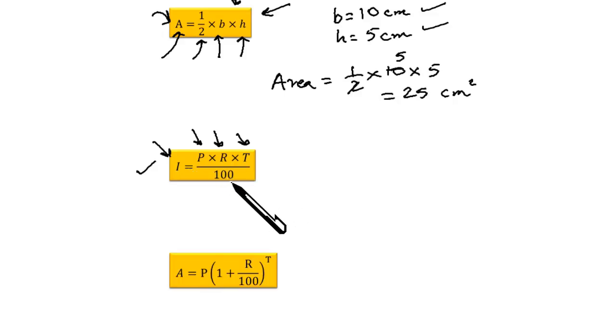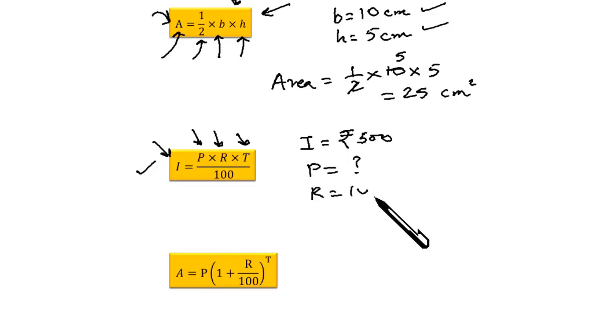But that's not the only part of the story. Suppose I tell you the simple interest is, let's say, rupees 500, and I do not know the principal, and the rate of interest is, let's say, 10% per annum, and the time period is 2 years, then what is the principal?